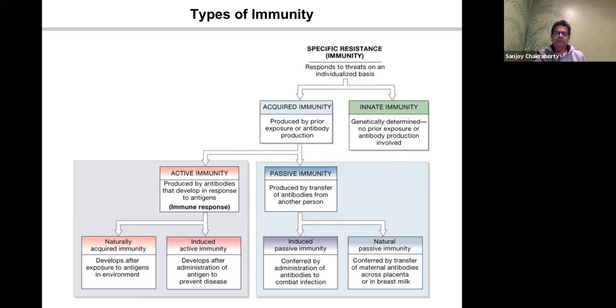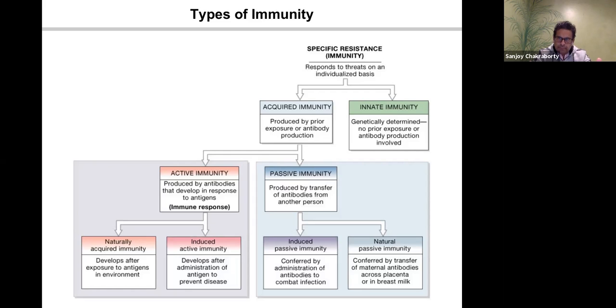They administer a little bit of exposure, an attenuated virus or bacteria, or genetically made bacteria, or heat-killed bacteria or virus. If they inject it, your body will think that's an antigen, and your body will develop a lot of antibody to prevent any kind of homeostasis imbalance.